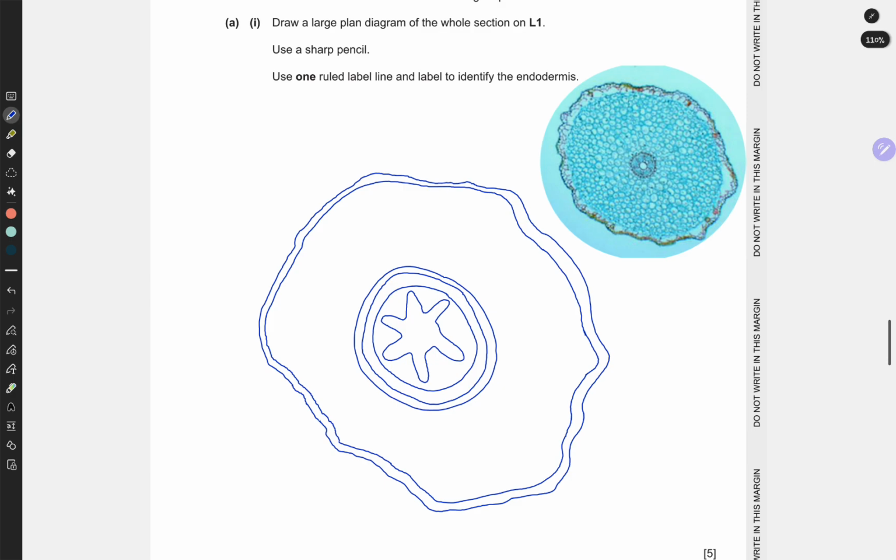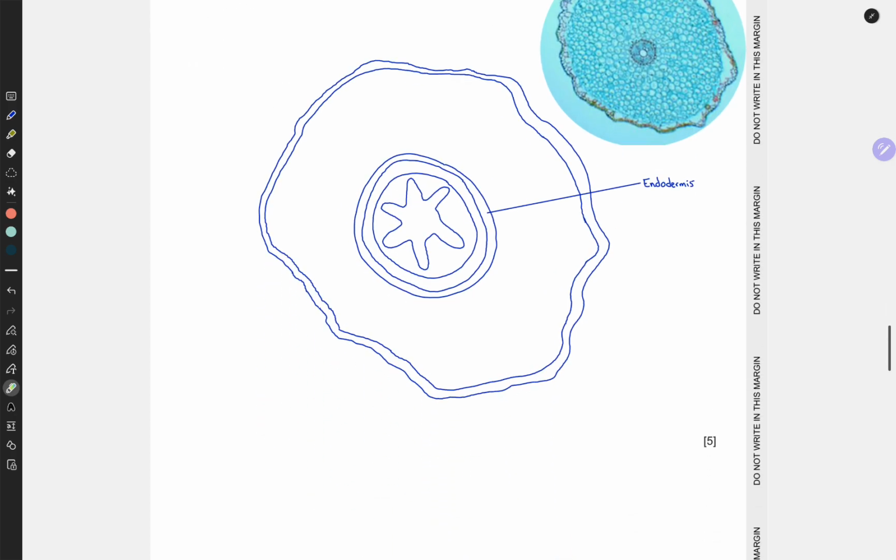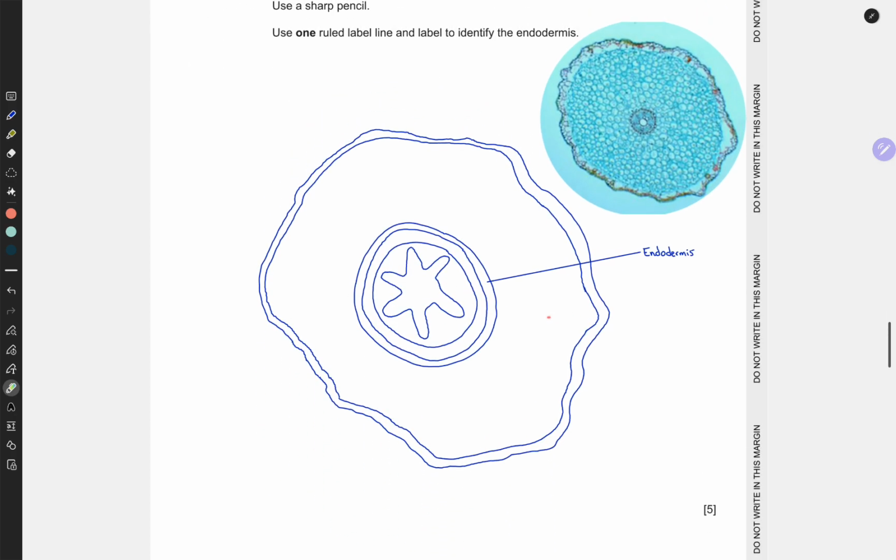Okay. So for the labeling part, it just says to identify the endodermis, which is this part. But for further explanation, because you might get asked to label and identify any other thing, this will be the epidermis, and this part is the cortex.